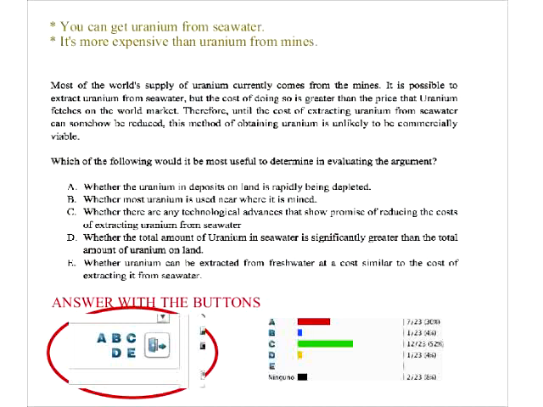Therefore, uranium from seawater won't be commercially viable unless its cost goes down.